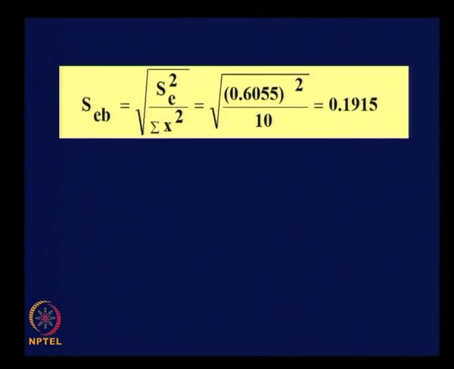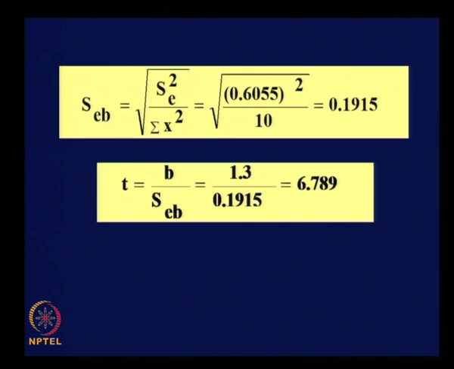And standard error of estimate of the regression coefficient itself is given by this equation, SE squared by sigma x squared, as I have shown you earlier. So substitute the corresponding values and we get the value to be 0.1915, and then it should be possible for us now to get the t value as the regression coefficient divided by the standard error of estimate of that particular coefficient.